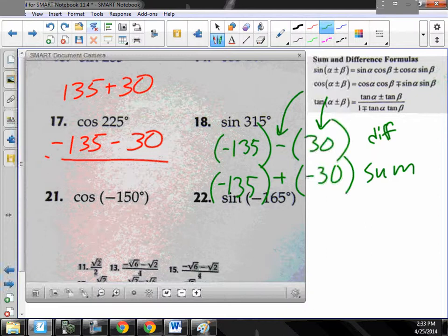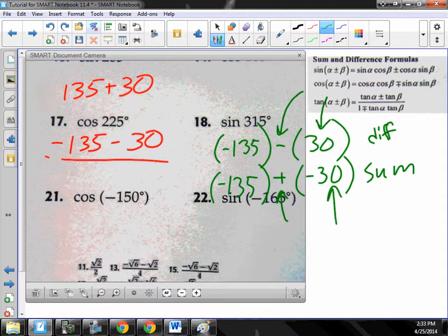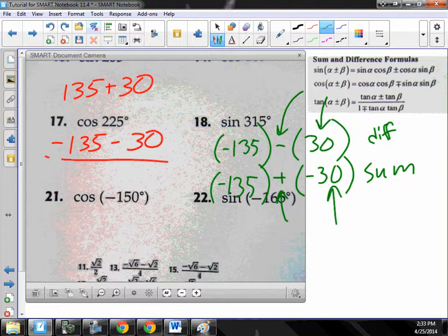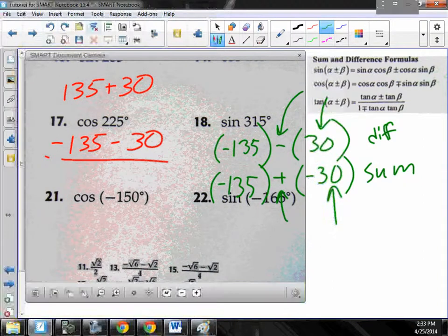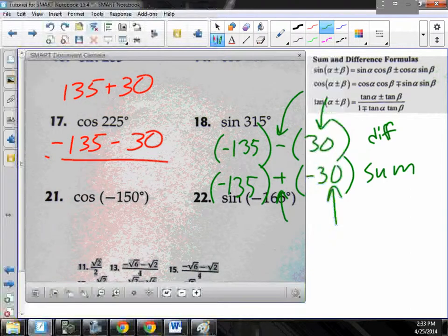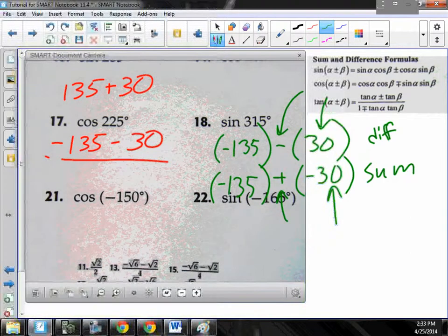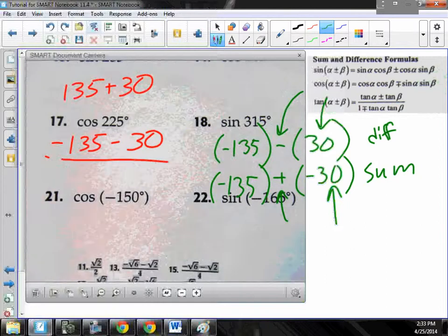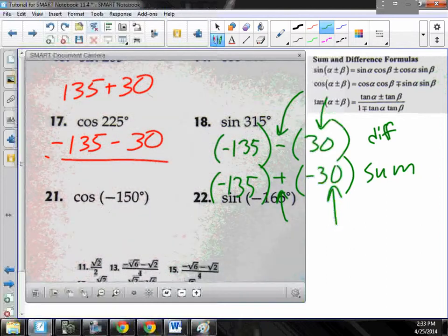In my second one, it's a sum formula, and my angle is negative 30. And they're both going to get you the same answer. Which one would you prefer? The first one's probably easier because we don't have to look up a negative angle. Although negative angles are really easy to find. Okay, so let's set it up, and then we'll worry about the angles.